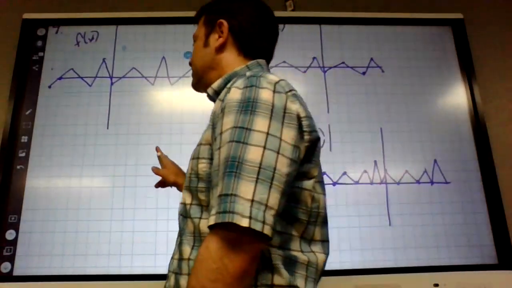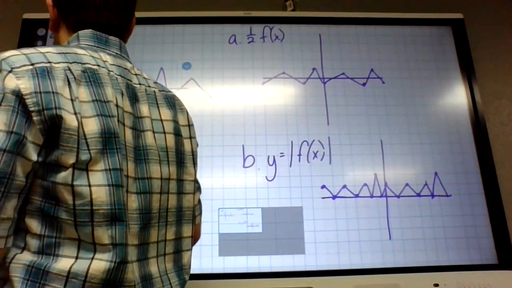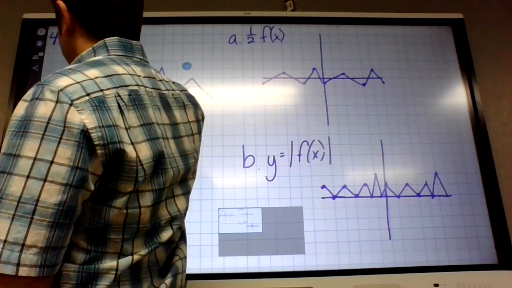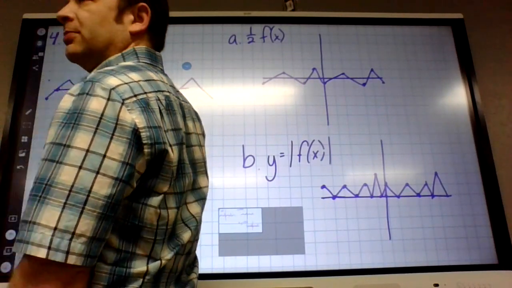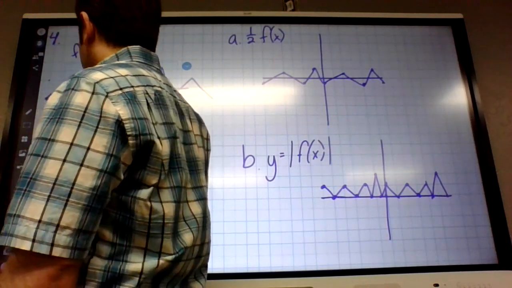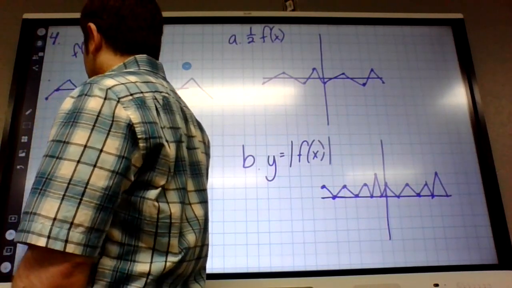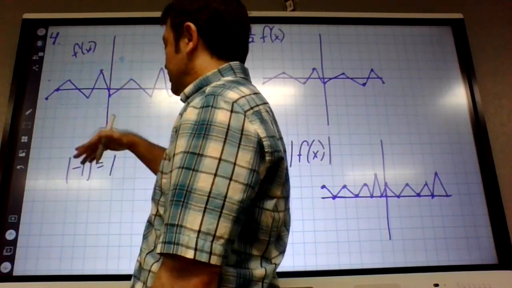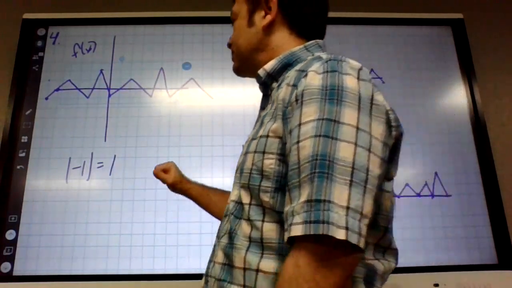Does it just go up to 0 or does it go up to 1? It's at -1, so it's gonna go up to 1, because the function value is -1, so when you do absolute value, it just becomes +1. So it just flips it up.